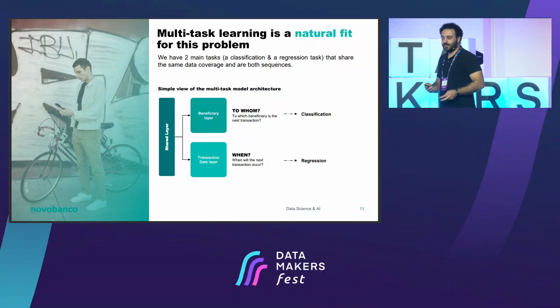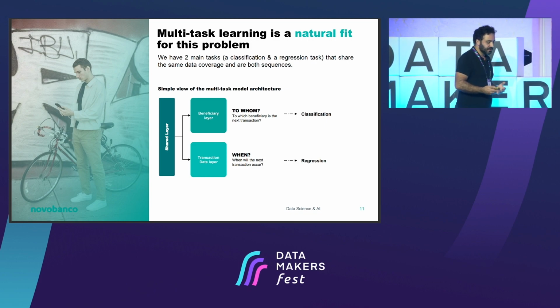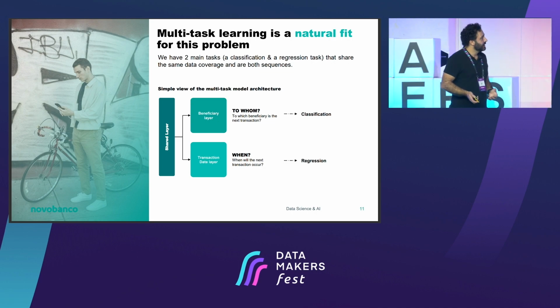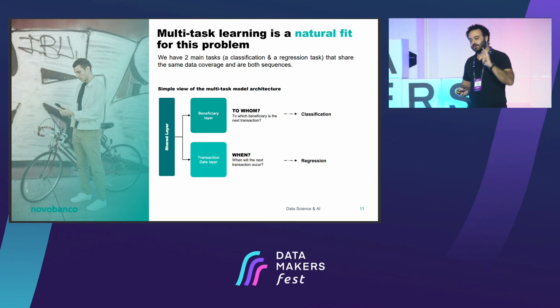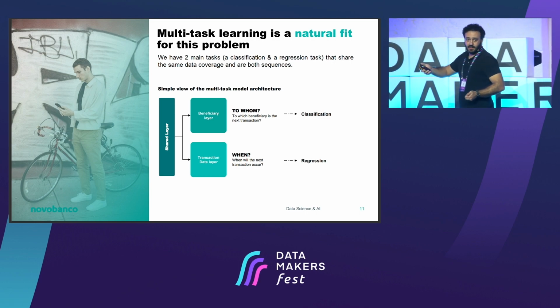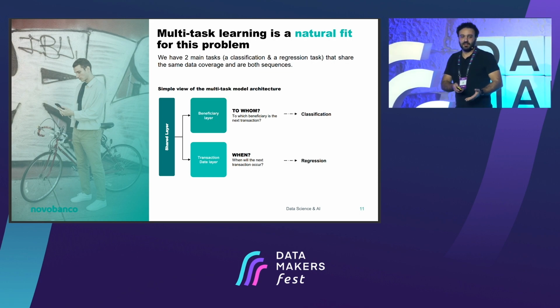So two targets, right? This is a natural fit for a multitask model. And our model, the way we imagine it, is based on the hard shared parameters methodology, with a common backbone and then two heads: one head for the beneficiary, which is a classification, and another head for the date, which is a regression.